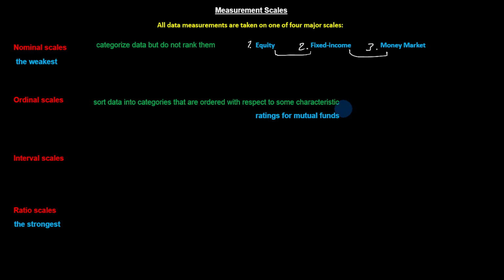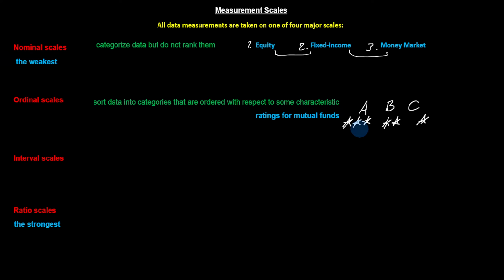So let's say we have three funds: fund A, fund B, and C. And let's say fund A has 1 star, fund B has 2 stars, and fund C has 3 stars. I know they don't look like stars that much, but you get the point.